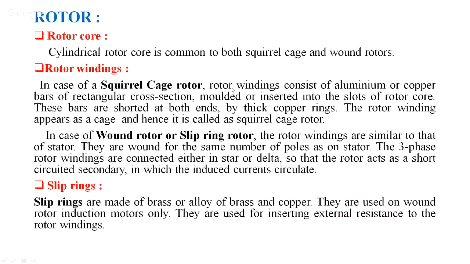These bars are shorted at both ends by thick copper rings. So these bars, which are rectangular in cross section, are shorted at both the ends by using thick copper rings. The rotor winding appears as a cage, and hence it is called a squirrel cage rotor.